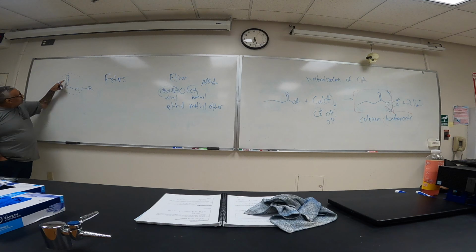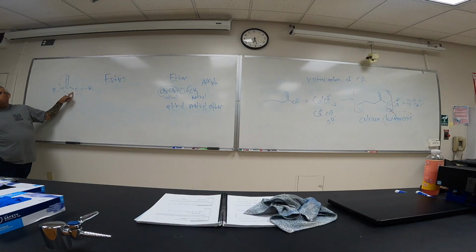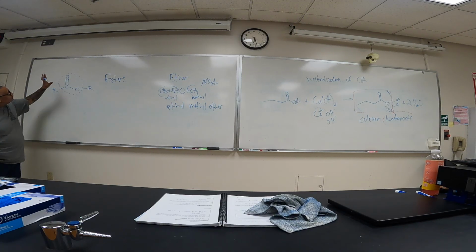What does this look like? There's no hydrogen there. There's just an oxygen. So it's not OH, it's not H, it's not an aldehyde, it's not a ketone, it is a carboxylate.